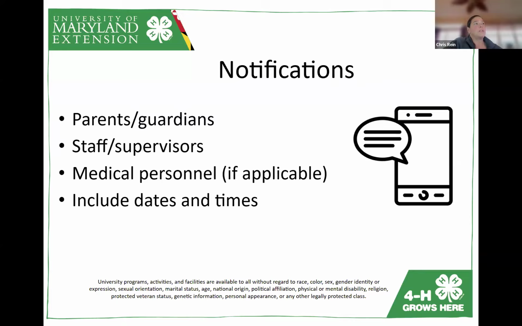And of course, if you need to notify medical, or if you needed to dial 911 or the police, you want to make sure you're notifying the applicable people depending on the incident that has occurred. And when you're notifying them, make sure you take note of the date and time you notify each of these individuals.